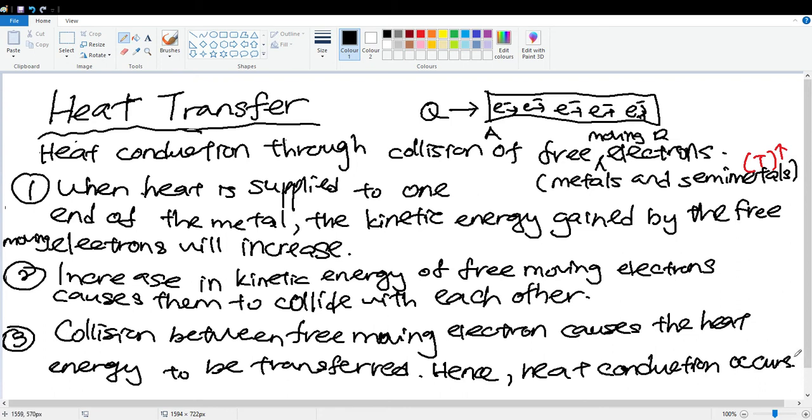So this is the mechanism of heat conduction through collision of free moving electrons. Okay, so we have done both mechanisms.